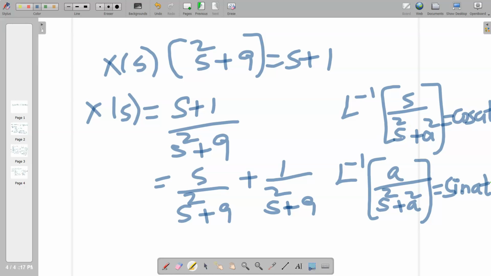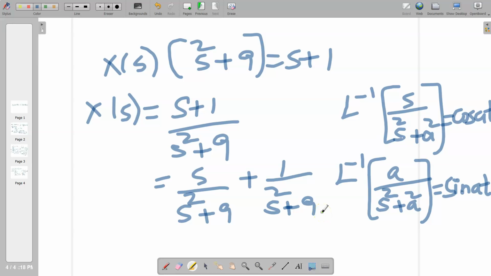Okay. So, in order to apply these two formulas, the first term is no problem. I have a similar thing, s by s square plus a square. Instead of a square I have 9, and 9 is nothing but 3 square, correct. So, I can directly apply this formula. But coming to the second term, here I have a by s square plus a square, but here I have 1 by s square plus 9.